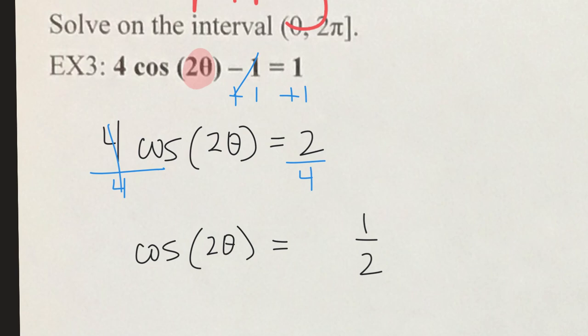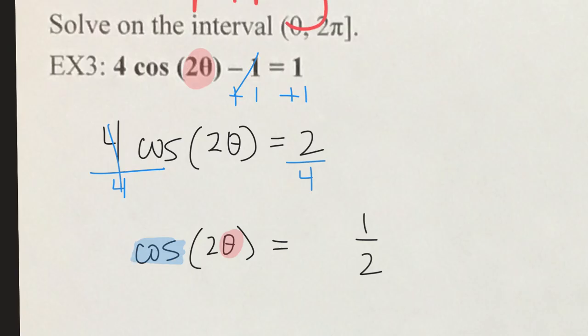Okay? So remember, our whole entire point of doing this is to get theta by itself. So what is the next thing prohibiting us from solving for theta? Well, it's the cosine, right? We work from the outside in. So the next thing to do is move.